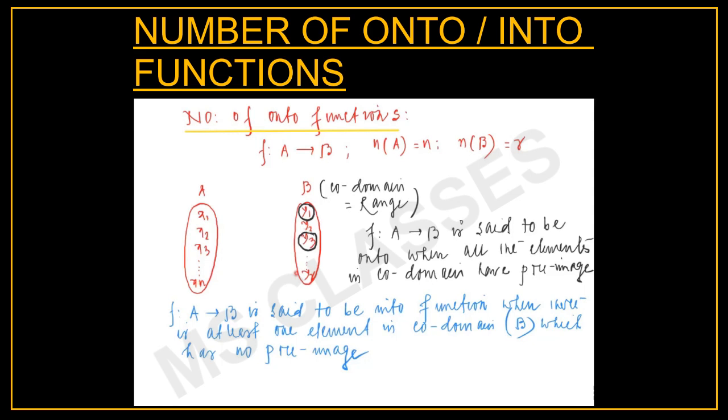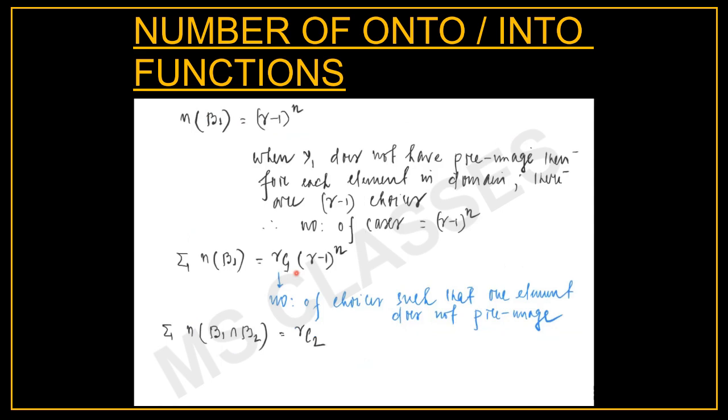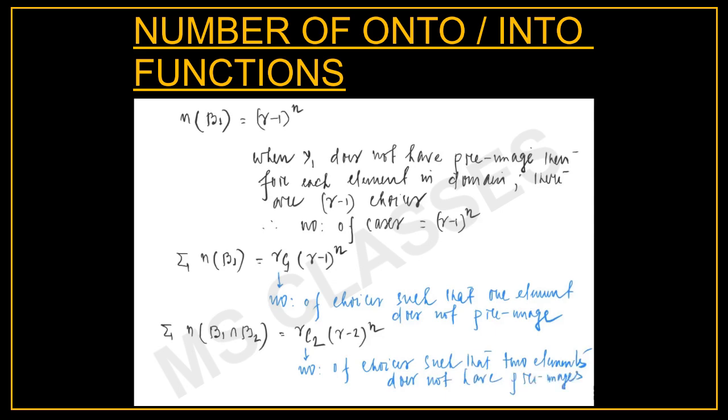So now we can write (r minus 2) to the power of n. This is the number of choices such that two elements do not have a preimage.